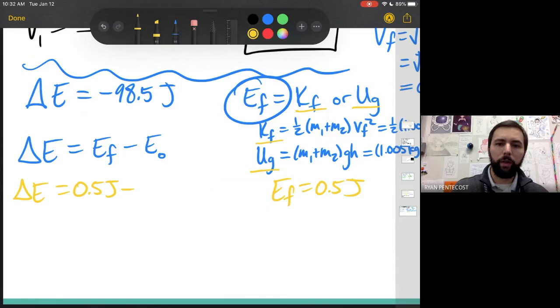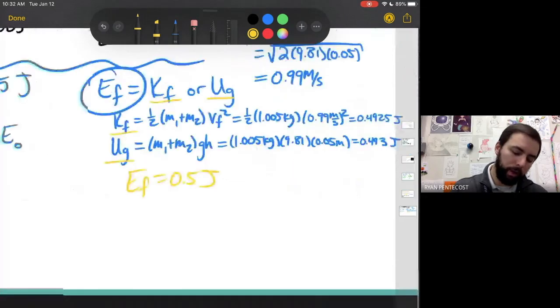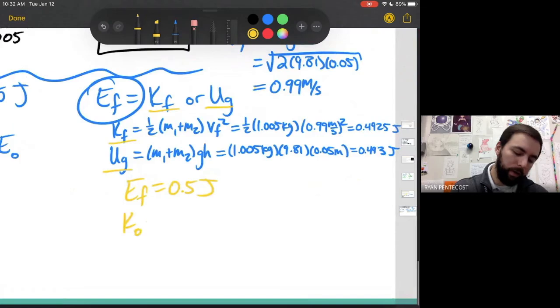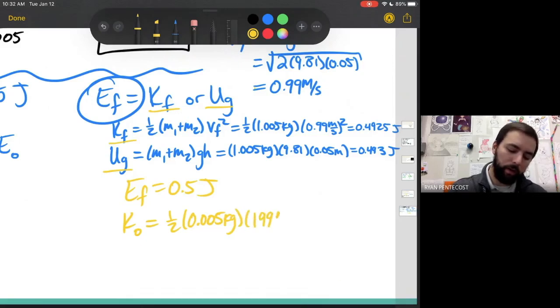The initial energy is just the bullet, right? The block is sitting still. So we need the kinetic energy initially of the bullet, which would be 1/2 times the mass of the bullet, which is 5 grams, or 0.005 kilograms, times the velocity, which we found was 199 meters per second. We got to square that.